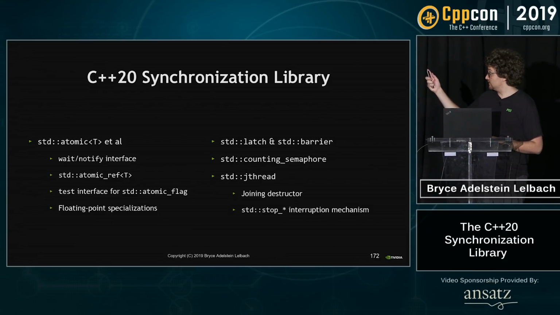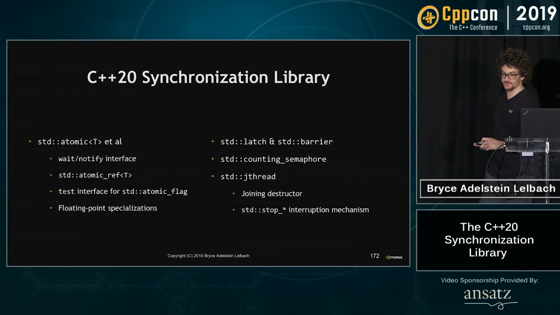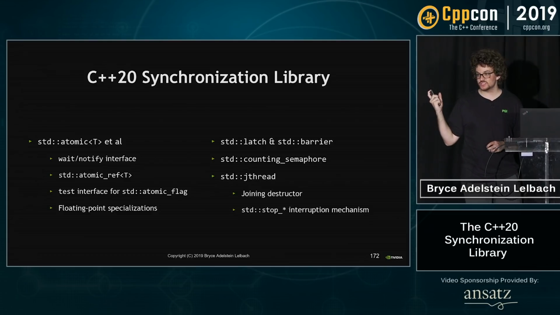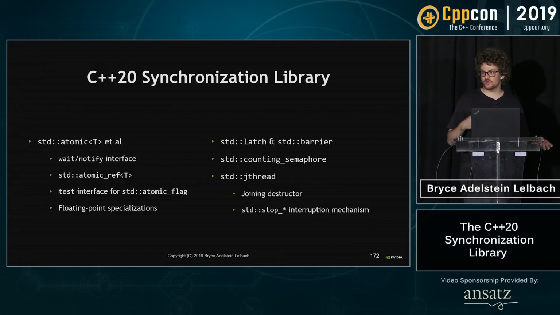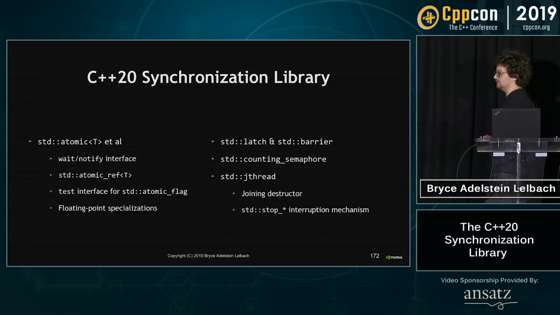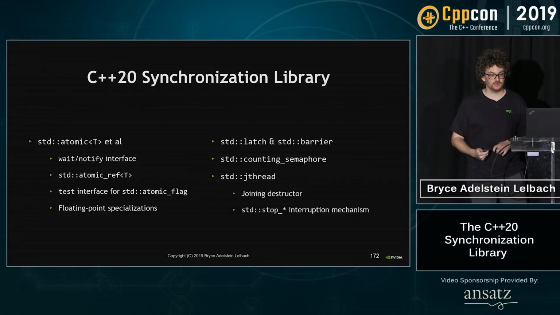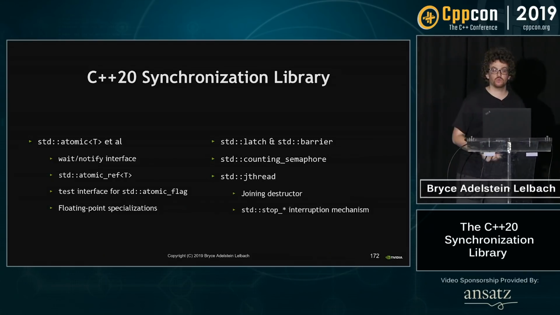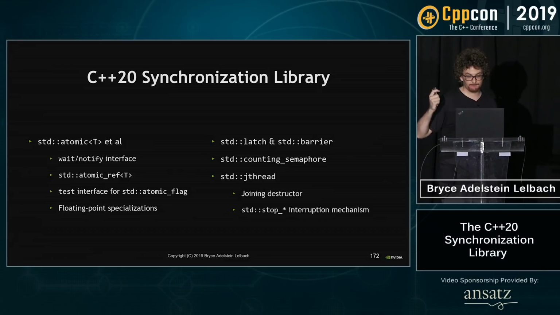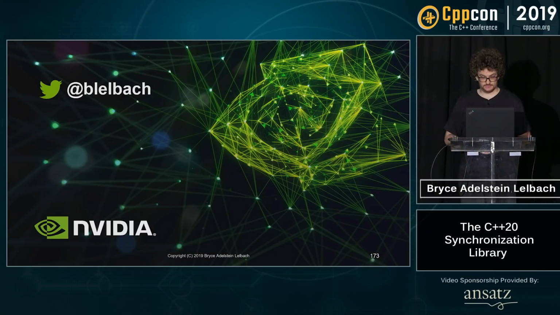We talked about std::latch and std::barrier, two new types for coordinating groups of threads in C++20, counting semaphore, which is a lower level, more general form of a mutex, and std::jthread, an enhanced thread class that has a joining destructor and that supports this interruption mechanism. All right, and that's my talk.